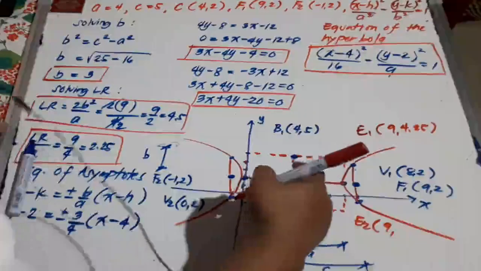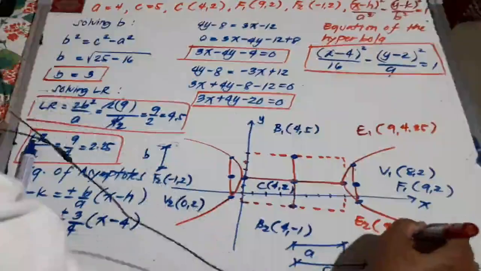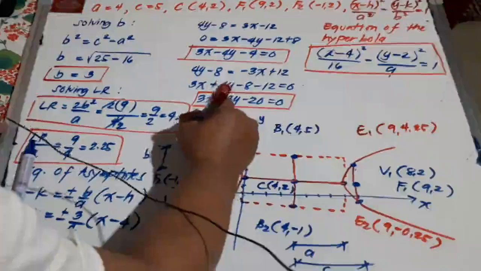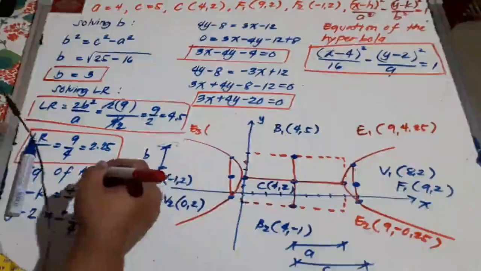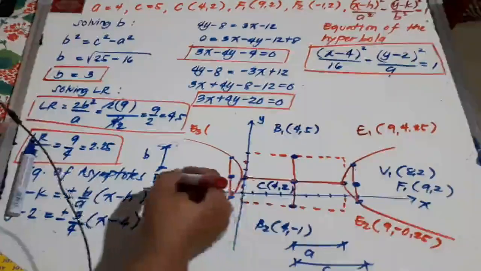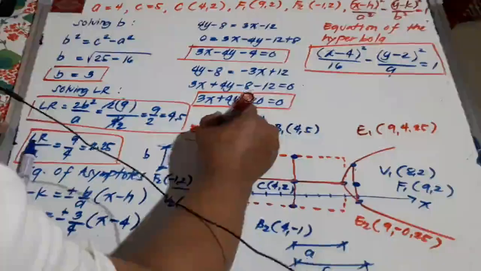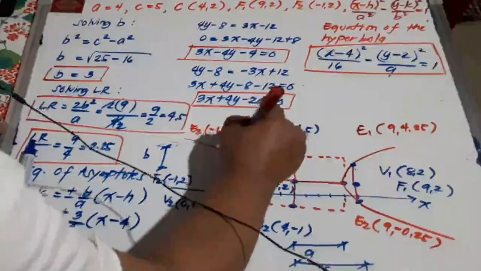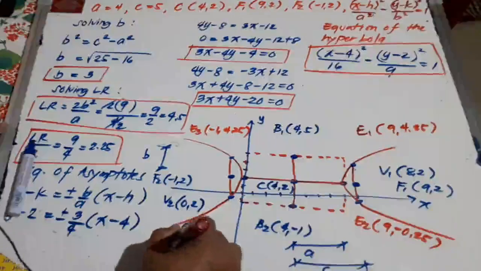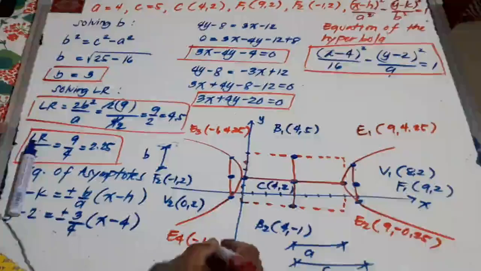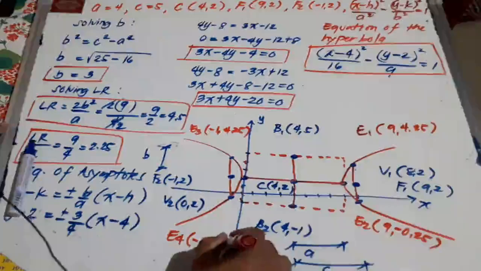So, that will be negative 0.25. So, dito, A sub 3, same horizontal distance, so that is negative 1. Vertical distance, katulad nun, 4.25. Dito naman, A sub 4, horizontal distance the same, negative 1, pero kanyang vertical distance, negative 0.25.